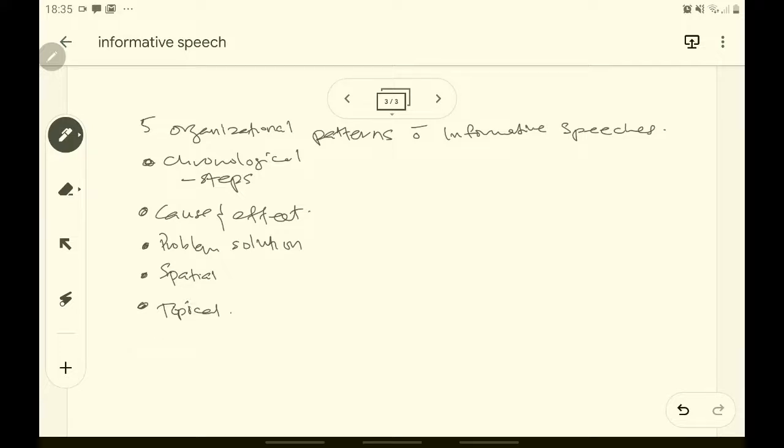Okay. Topical is a pattern that allows you to organize your speech into categories and types. So here you can focus your speech on certain aspects of the topic.